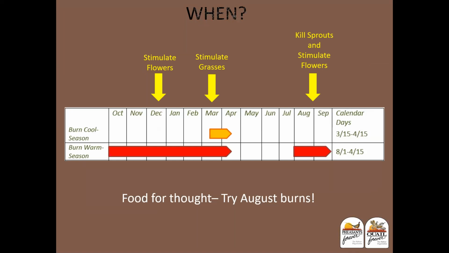So a lot of your March, April burns are stimulating your grasses. And so we get a lot of people that say, oh, our wildflowers are now diminishing and our grasses are taking over. Well, if that's the case, maybe try some August burns so that you stimulate flowers. I always like to say: fall flowers, spring grass.